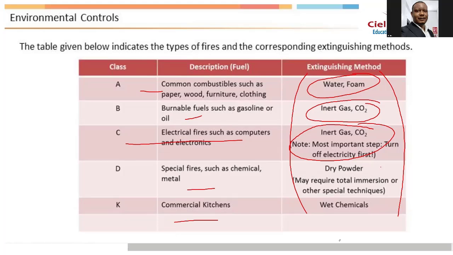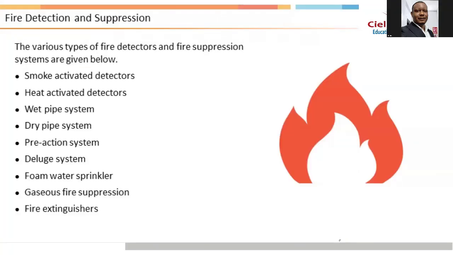Then for metal fire, use dry powder. And for kitchen fire, you can use wet chemicals. There are also some other fire detection and suppression systems that you may choose to implement as a security professional. You can take a look at them much later. Things like smoke detectors, heat detectors, wet pipe systems, then obviously your fire extinguishers.